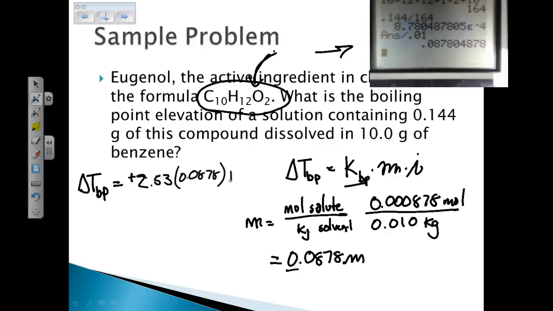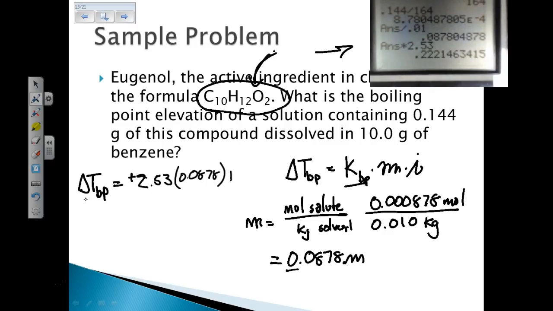So now we do the math. We do that times 2.53, and then times 1. So the change in boiling point, delta TBP, equals 0.222 degrees Celsius. That's the boiling point elevation.